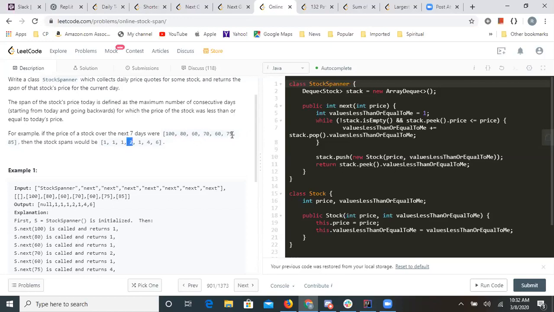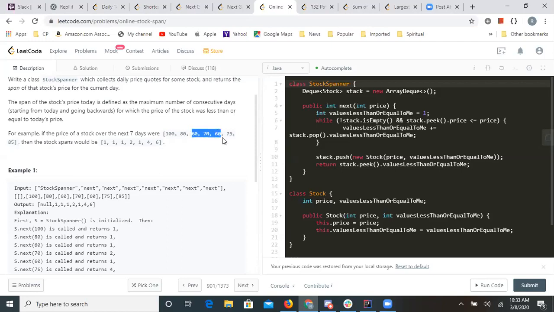For 60, again, there is nothing towards left which is smaller than 60. And it has to be consecutive. So you can't count this 60. You always have to look towards left, like a decreasing sequence. For 75, 60 is okay, 70 is okay, 60 is okay, 80 is not okay.